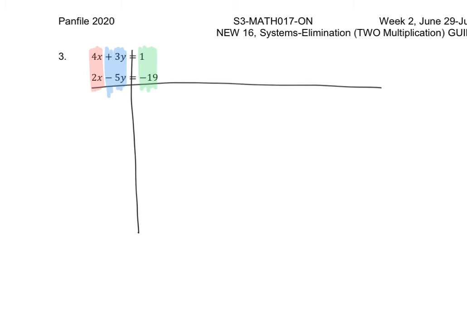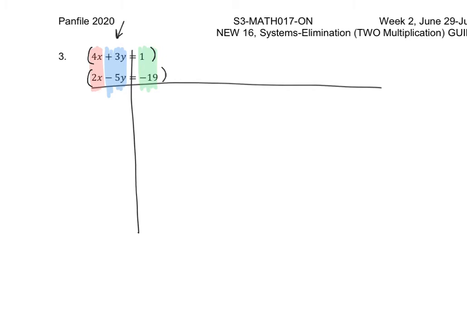Looking at this one strategically, I want to cancel out the y's. The reason why I want to do this one strategically is because I already have my opposite signs, so I don't have to mess with that. They're already opposite, so when I multiply, all I have to worry about is the numbers.